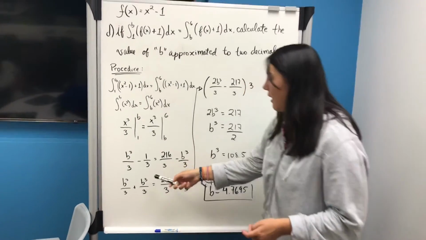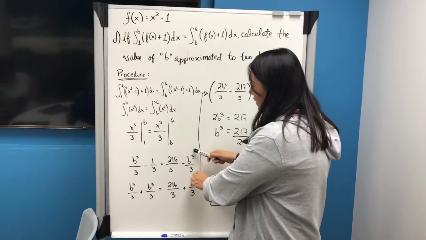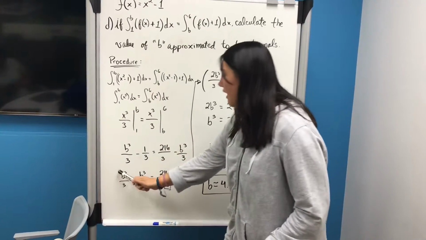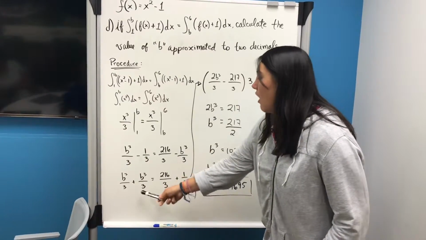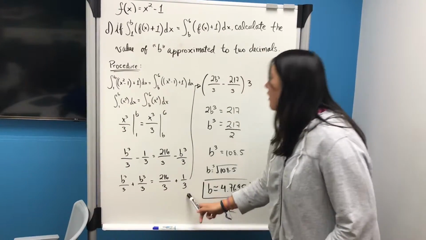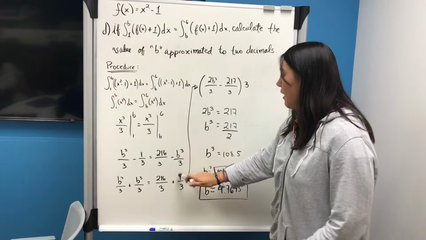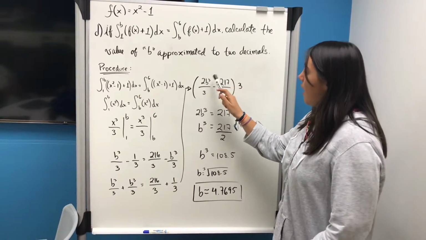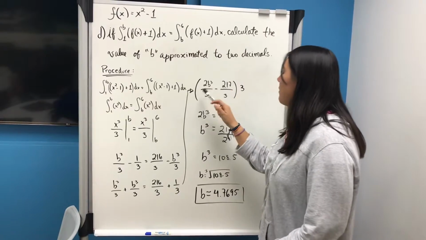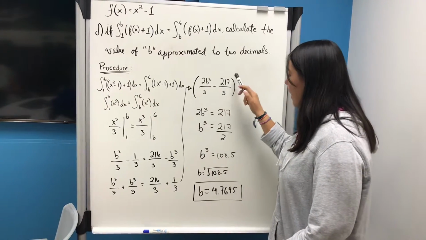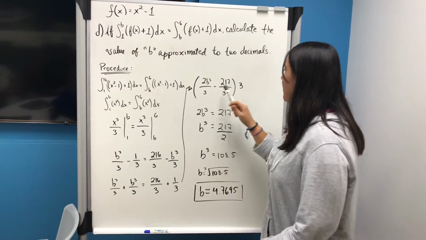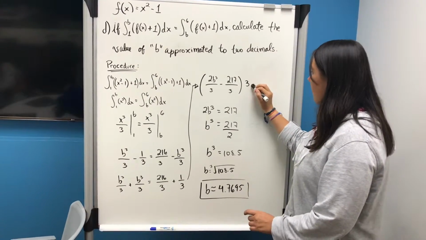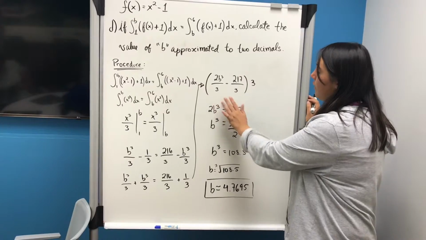Then we try to put all the b's on one side and all the numbers on the other, and then we put them together. We solve this, we get 2b cubed over 3 equals 217 over 3. We multiply this by 3 to eliminate the denominator.